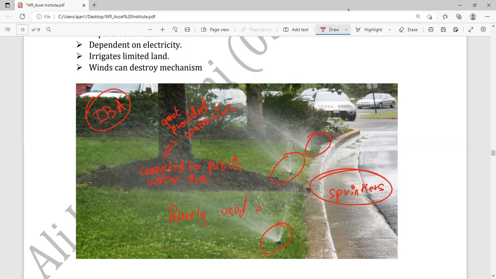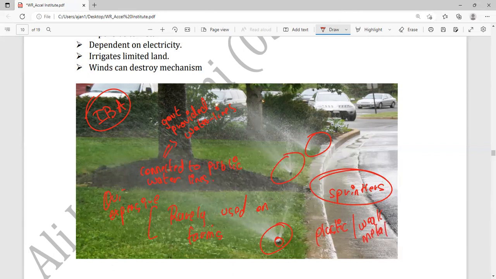Why are these rarely used? Because they are quite expensive. Another problem with using these sprinklers is that if there are heavy thunderstorms or heavy rainfall, there is a risk that if these rotating devices are made of plastic, or of weak material or weak metal, they might just blow away.